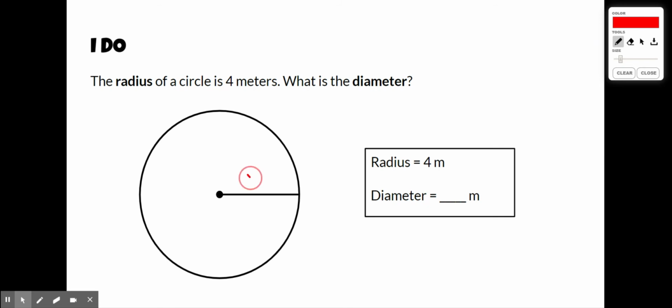I know the diameter goes all the way across the circle. So if this distance here is 4, then this distance here has to be 4, which would make the distance across this entire circle a total of 8. So the diameter here would be 8 meters.